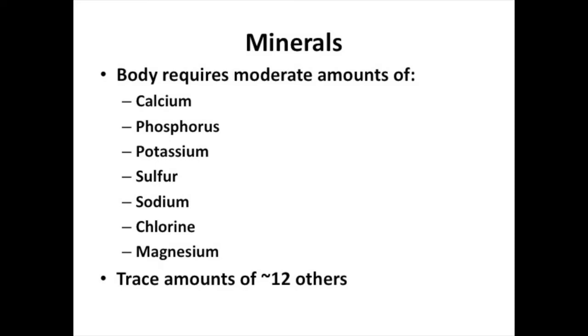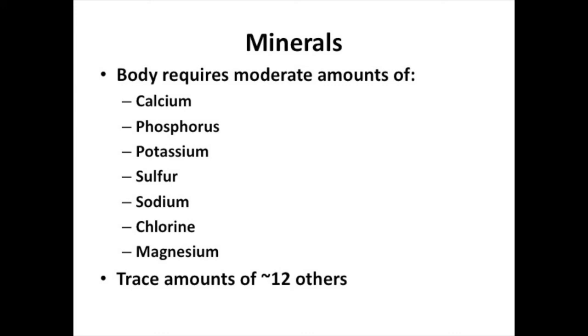So minerals, again, we mentioned this comes from the earth, so you're typically getting these from plants that absorb those minerals through the roots, and you get it from eating the plant directly, or from eating fruits, or from eating an animal that has eaten those plant materials.